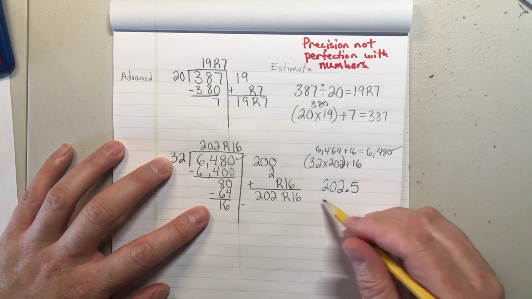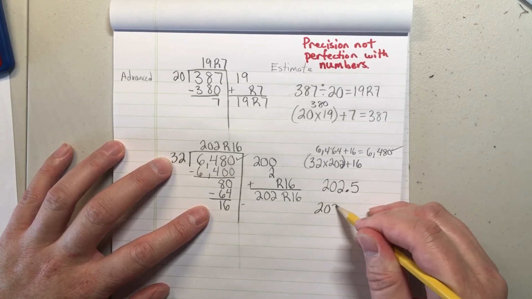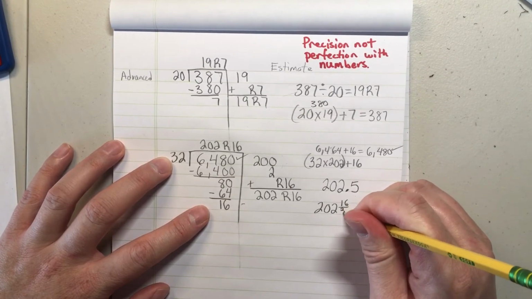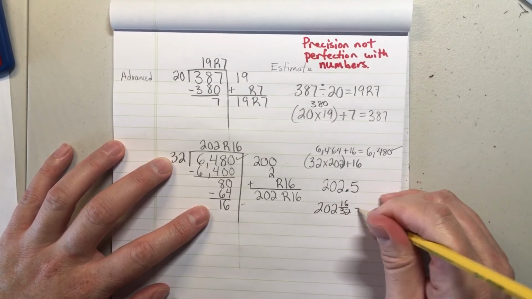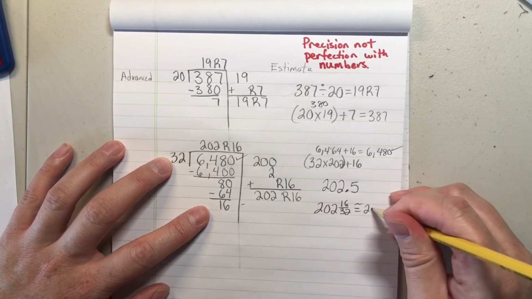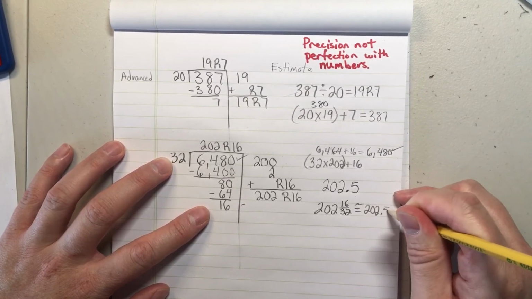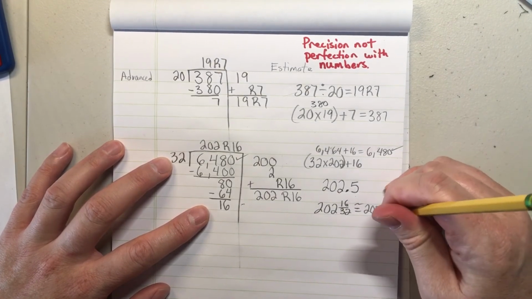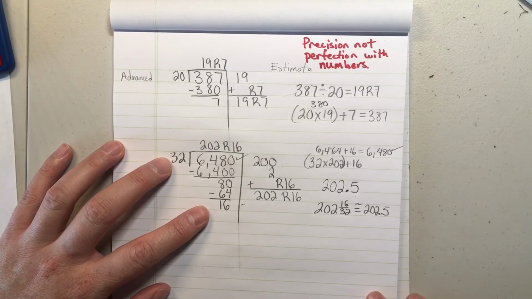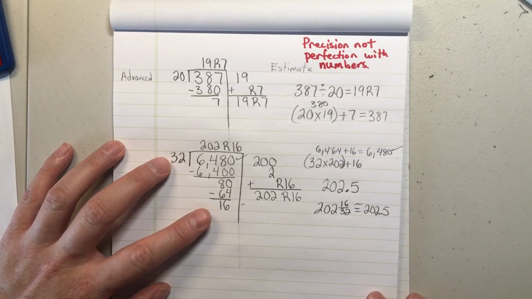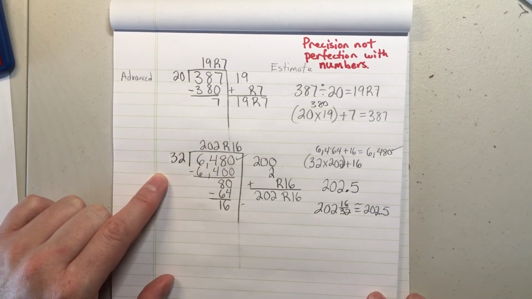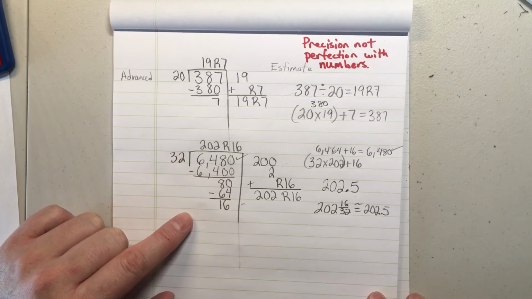And I know that's true because 202 16/32 is equivalent to 202.5 because 16 is half of 32. And any half equivalent is going to be 0.5 as a decimal.